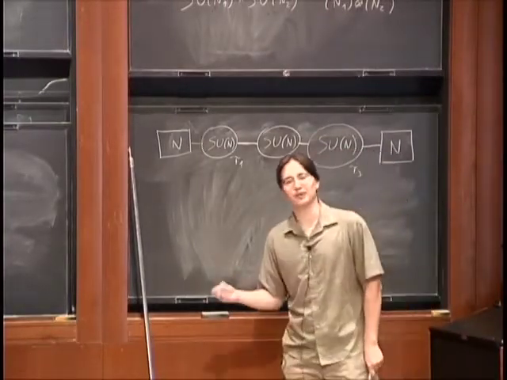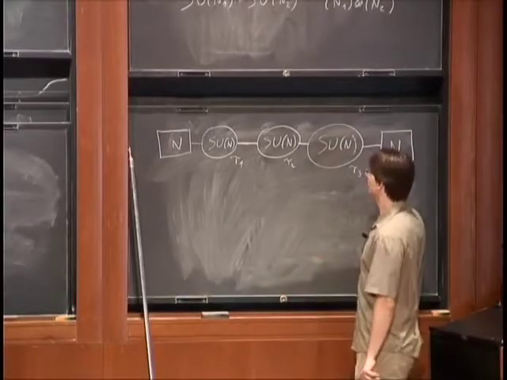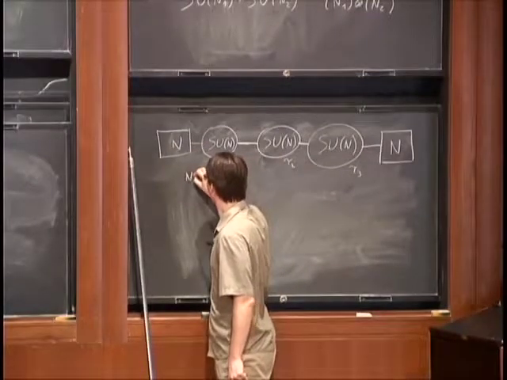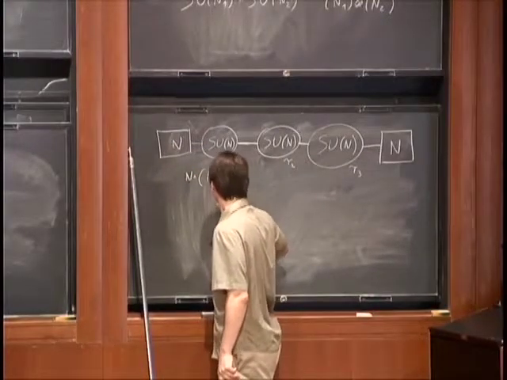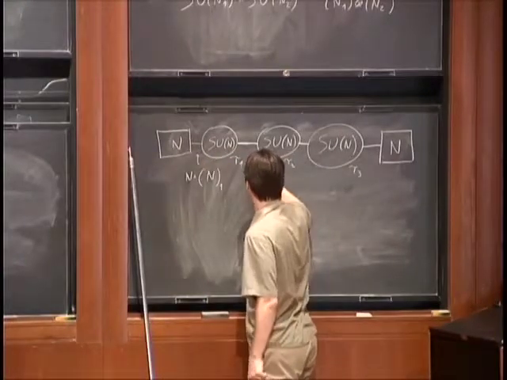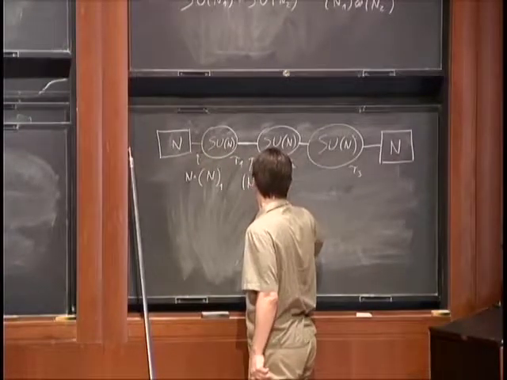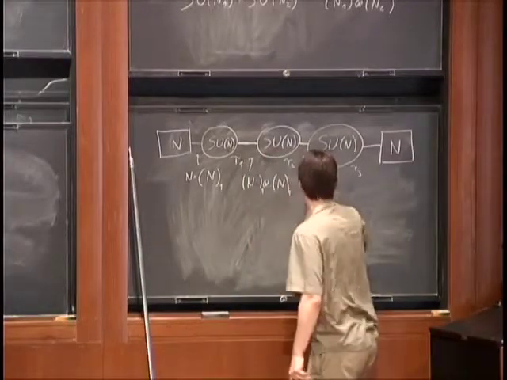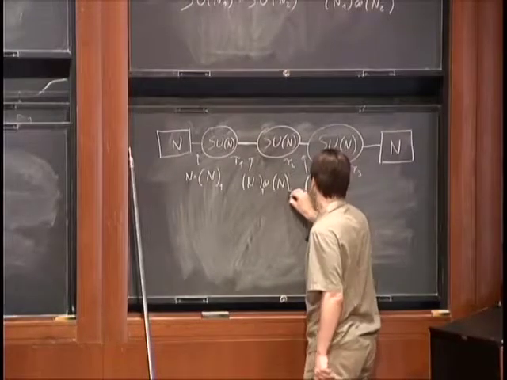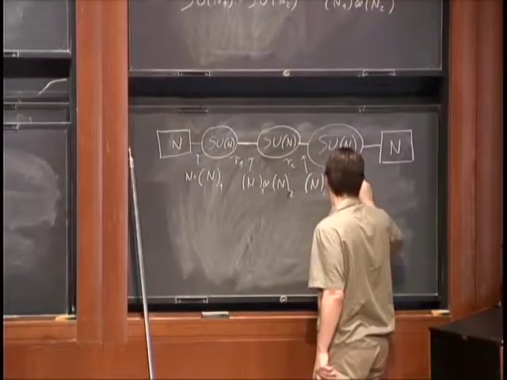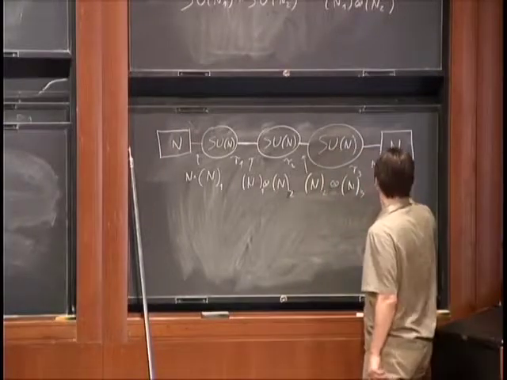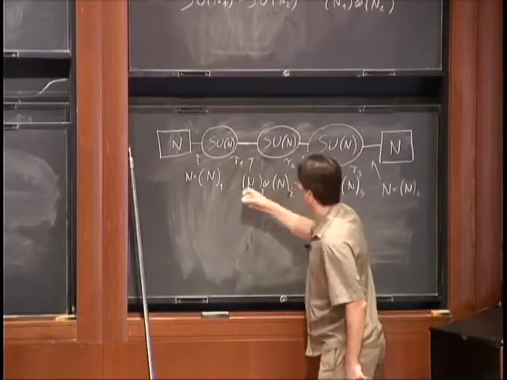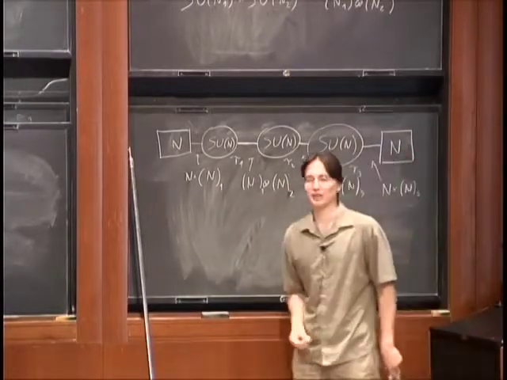In this way, all 3 gauge couplings will be exactly marginal, because each gauge group will have a total of 2n flavors. So again, what I mean here is that I have n copies of a fundamental, a bifundamental, another bifundamental, and finally another n copies of a fundamental, where the index 1, 2, 3 labels which gauge group I'm talking about.